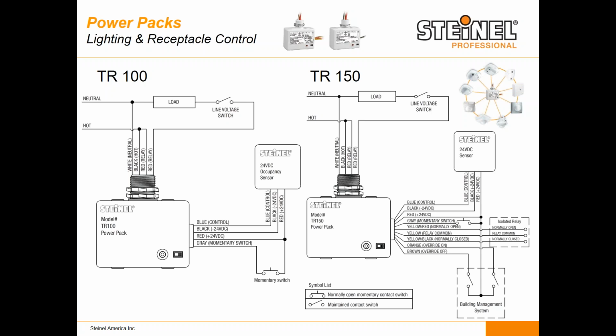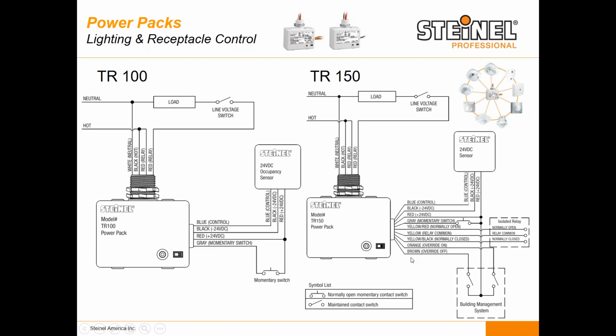So it could be that you want to go back to a building automation system or something like this and let them know that the space is occupied and that the lights have been turned on or brought to high. It's possible that you can also use those contacts to go high-low instead of on-off.